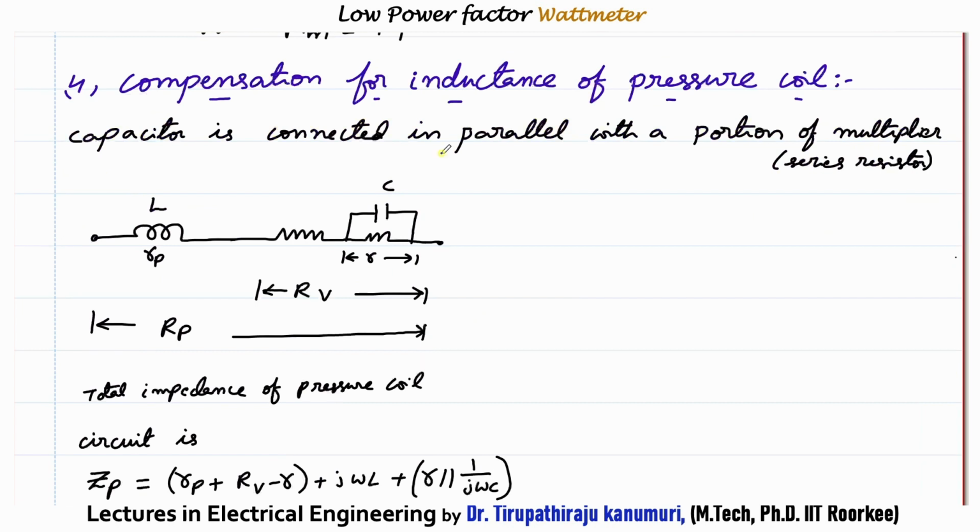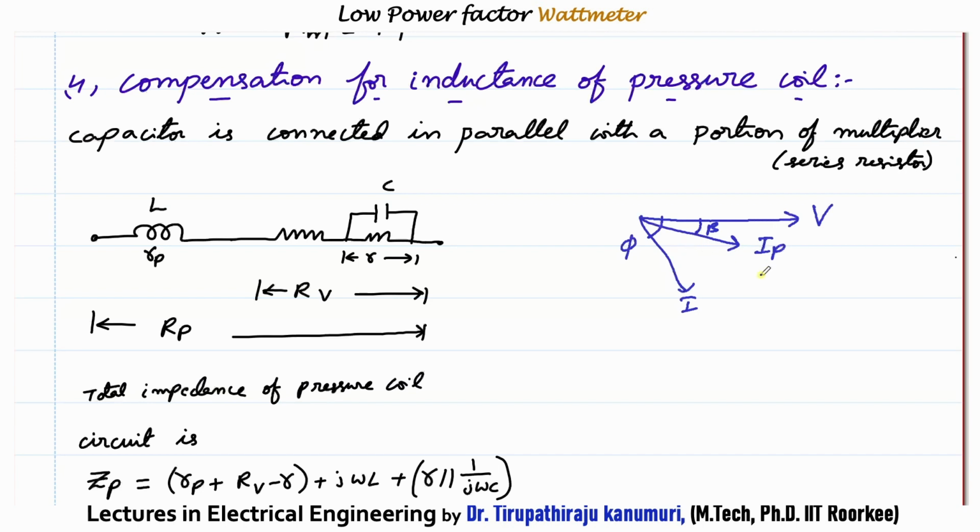There is one more problem: compensation for the inductance of the pressure coil. We have seen that due to the pressure coil, some error is also coming, and I want to completely nullify it. How does it come? Let us assume this is my voltage V. The current passing in the pressure coil is Ip. This angle is beta. This is my current, and this angle is phi.